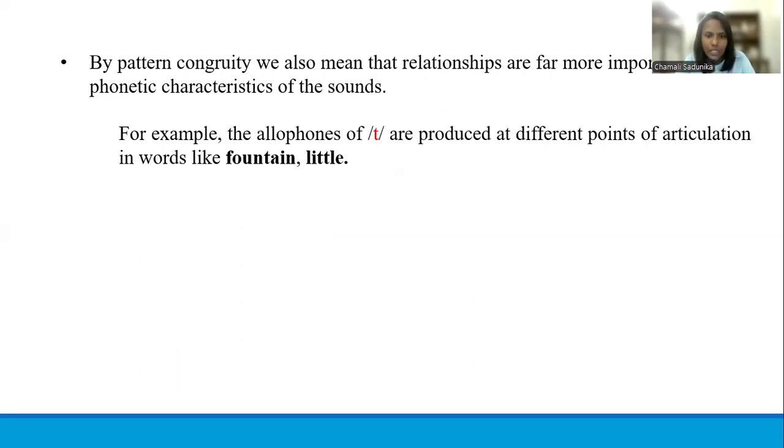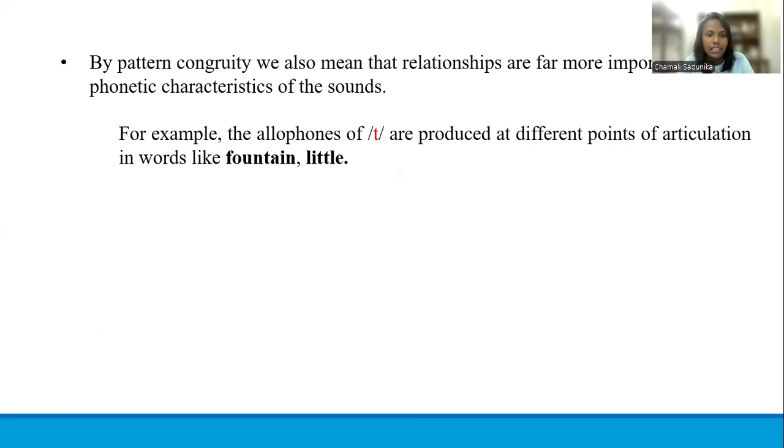By pattern congruity, we also mean that relationships are far more important than the phonetic characteristics of the sound. For example, the allophones of t are pronounced at different points of articulation. In words like fountain and little, in the word fountain the allophone of t is realized at the back of the mouth, and in the word little it is at the glottis.